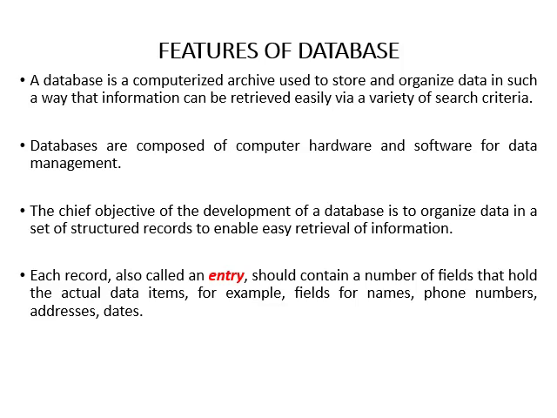Now, each record that you're going to store in the database is called an entry, and it should contain a number of fields that hold the actual data items. For example, a field for name, phone number, address, or dates. Let's understand it with the analogy of your data being stored in the college database server. Your data entry or data record will consist of a variety of fields, the information about you.